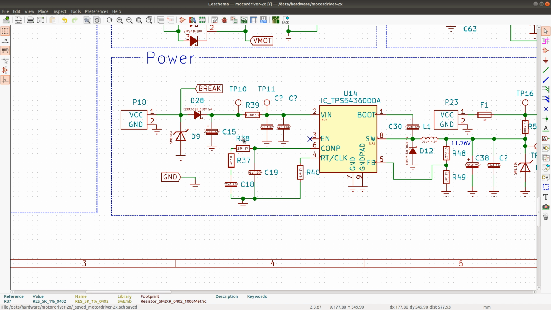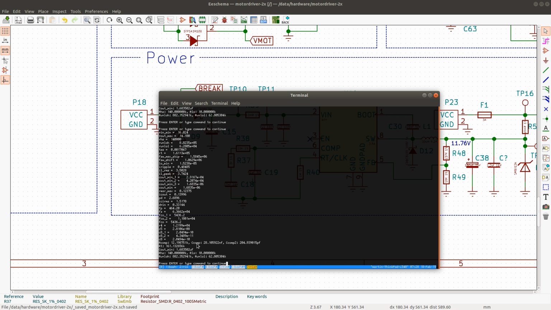And that's good because I don't have to remove any components, and I can reuse a lot of the components. And then we have the C-comp, the larger one of them, which would be the C18 in this case, would have to be 28 nanofarads. And the other one would have to be 200 picofarads.